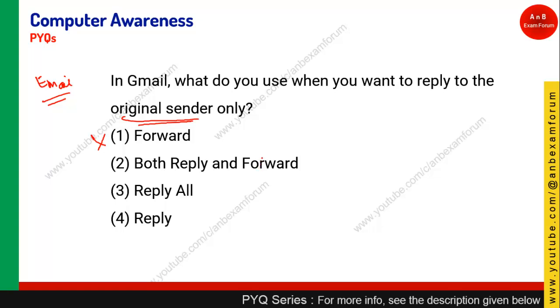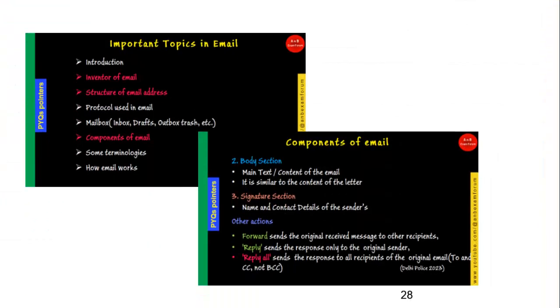Both reply and forward can be used, but forward is not similar to reply, so it is incorrect. Reply all is going to reply to each and every one in the CC and To fields, whereas reply sends the message only to the person who has sent the message. So option 4 is the right answer.